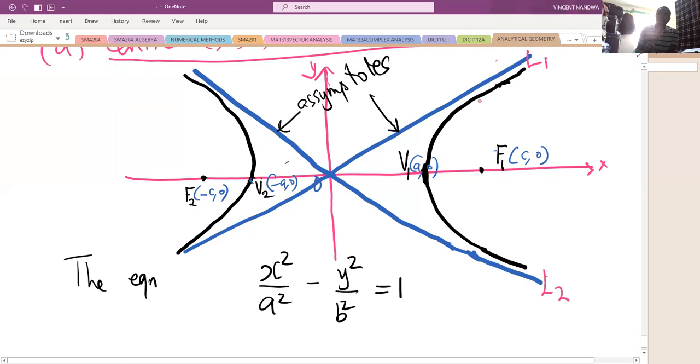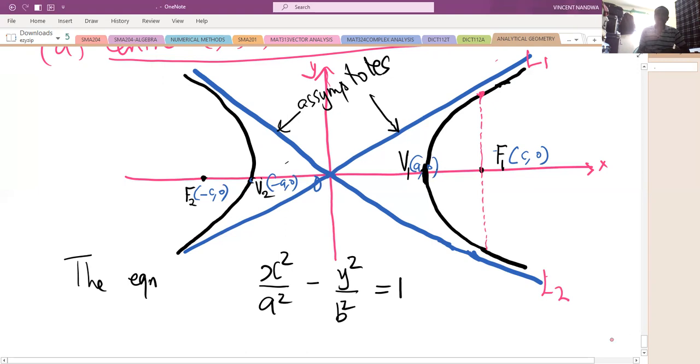So if you draw a line here, this is called the latus rectum. From this point here, as the value of x increases, this curve tends to go closer and closer to these lines L1 and L2, similarly to the left and to the right.